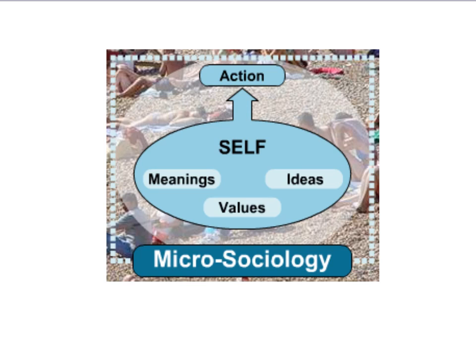From this perspective, the way in which we act is determined by the meanings that we give to social situations and the various symbols that represent those situations. So from this perspective, in order to understand human behaviour, you have to empathise with people, you have to see the world from their point of view, and this is a practice that Max Weber called Verstehen.